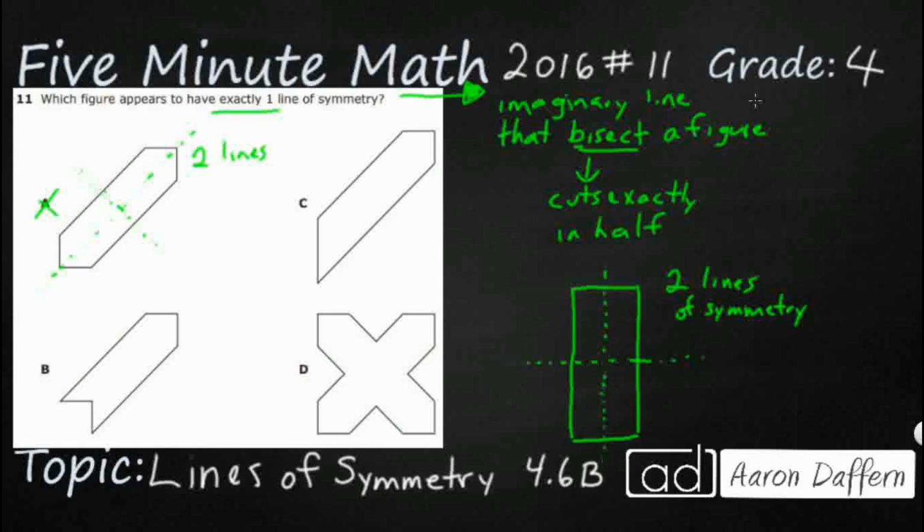So let's check B. I can't do that vertical line because look at this ending right here. It is a different shape than this. So I can't fold it from left to right. I can't do that because those 2 would not match up. It needs to cut exactly in half, and the 2 sides need to match up exactly.